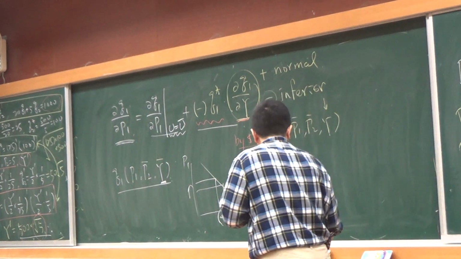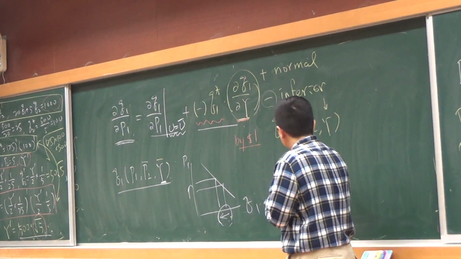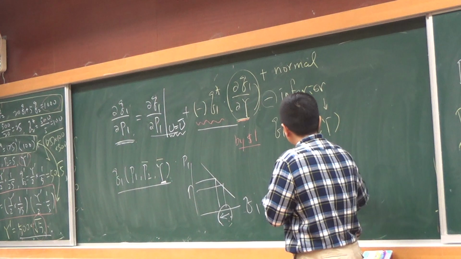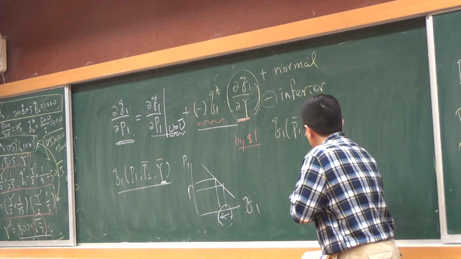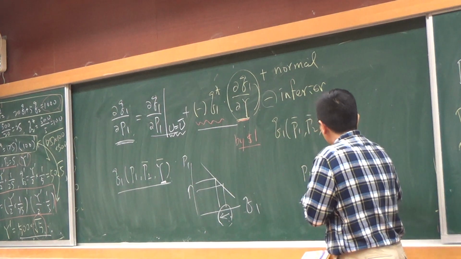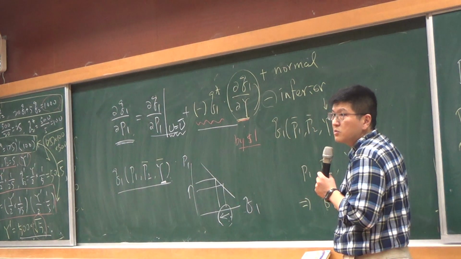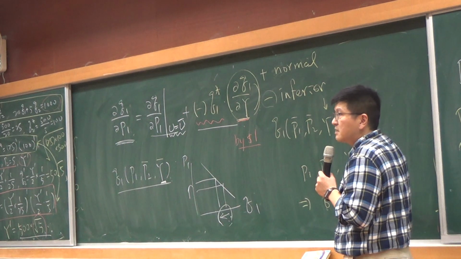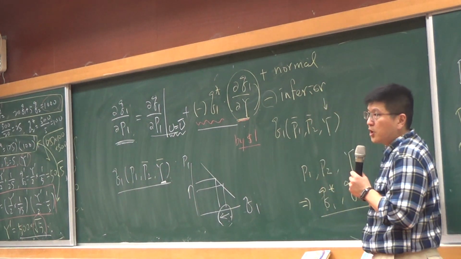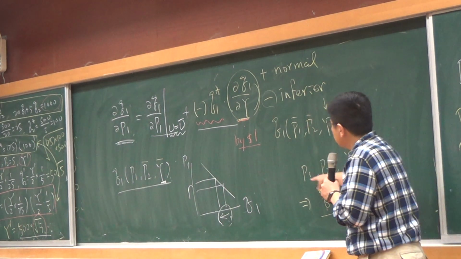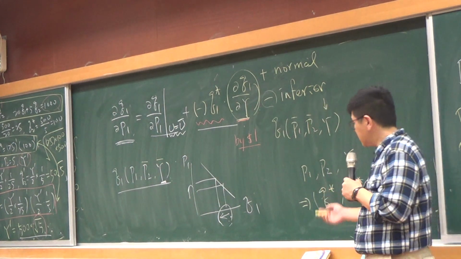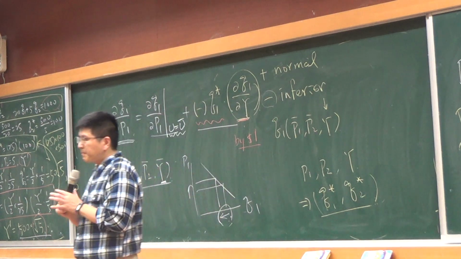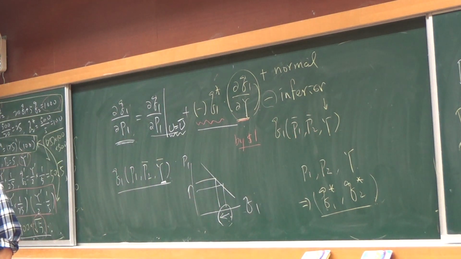Think about this. Initially, given P1, P2, and Y, we have Q1 star, Q2 star as our optimal solution, right? This is the optimal choice given the environment. So this is the initial optimal solution or optimal bundle of consumption.